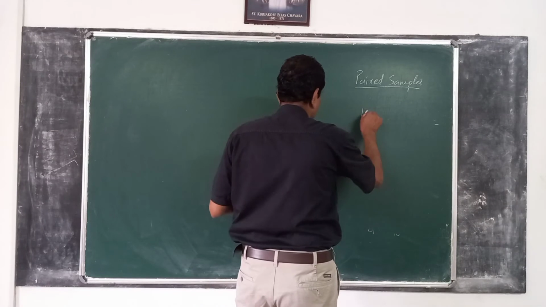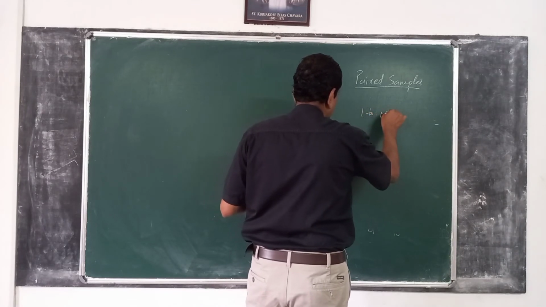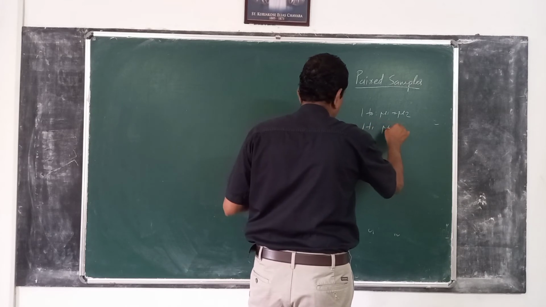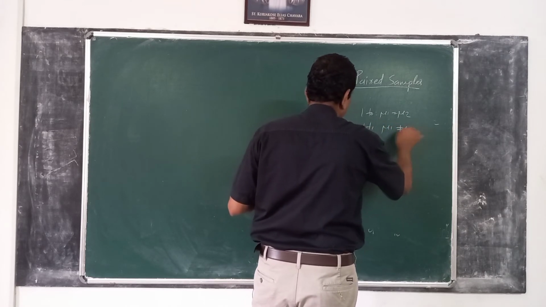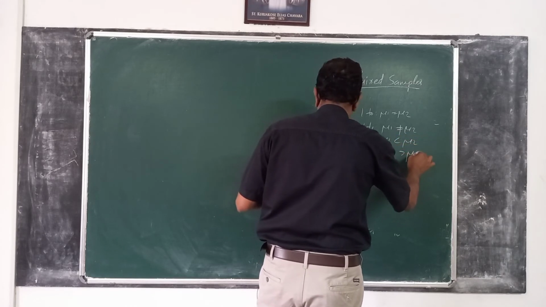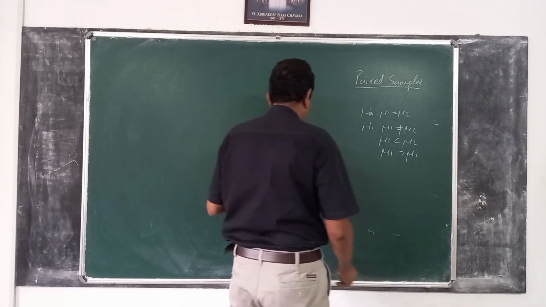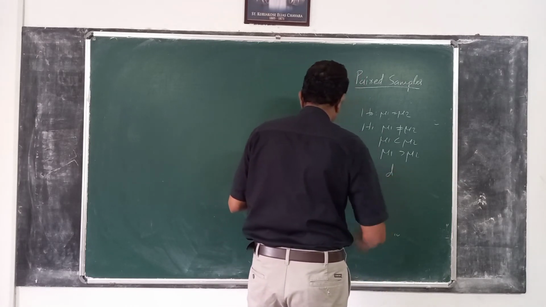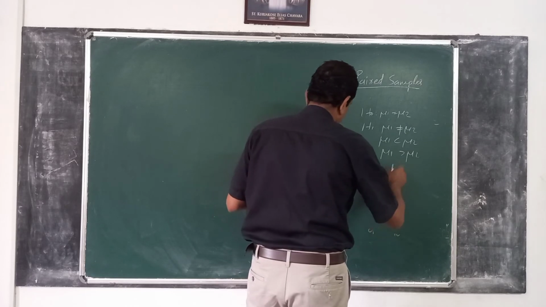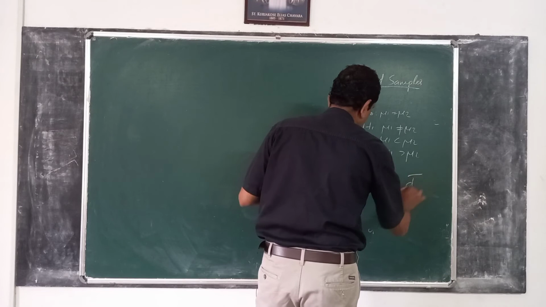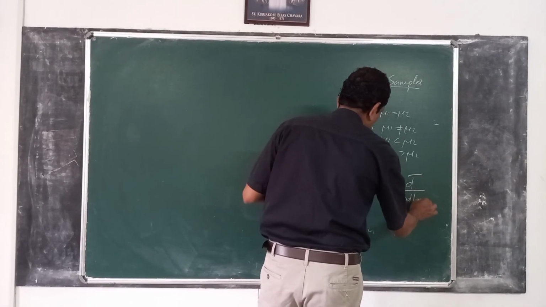Then H0: mu1 is equal to mu2, H1: mu1 not equal to mu2, mu1 less than mu2, or mu1 greater than mu2. Then calculate the paired difference d. Then compute the value of the test statistic d bar by SD by root n.